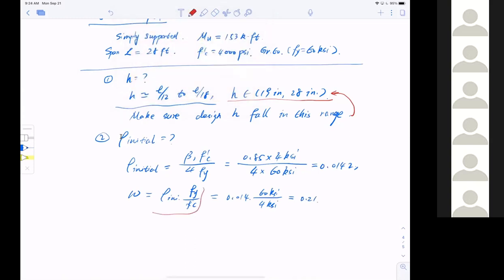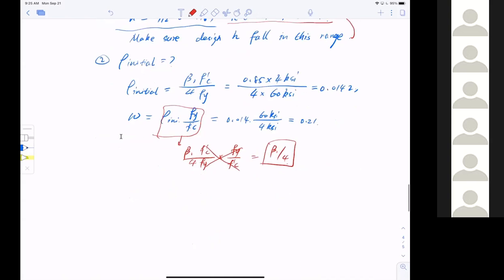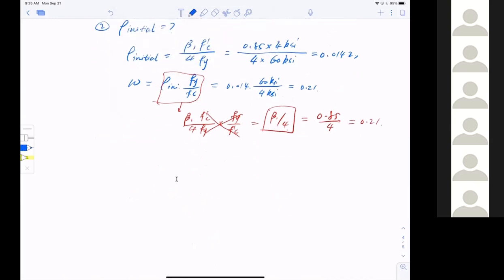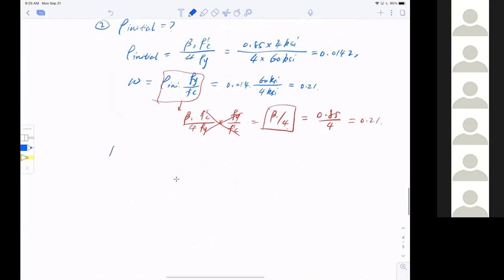If you take a look at this equation, this essentially is beta 1 F prime C divided by 4 Fy multiplied by Fy divided by F prime C. So it cancels to just beta 1 divided by 4. If you want to skip, you can skip. You get the same number, 0.85 divided by 4, approximately equal to 0.21. Same thing.